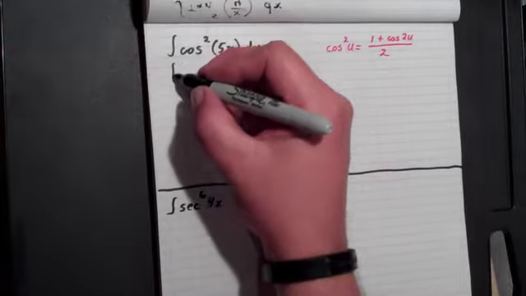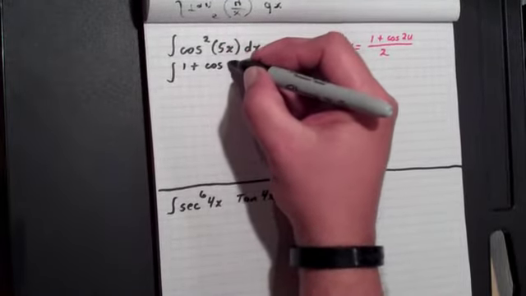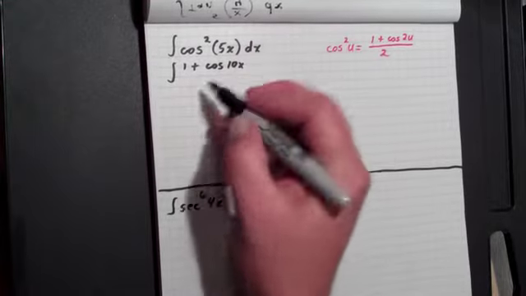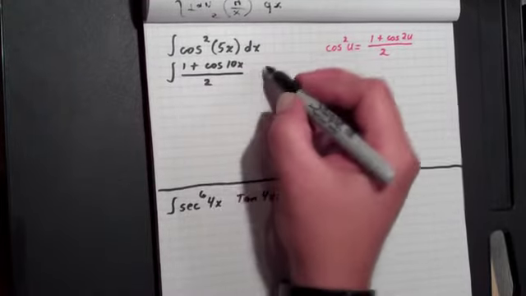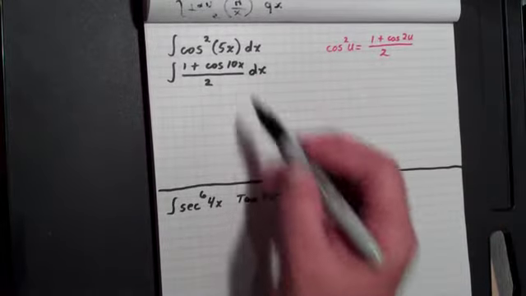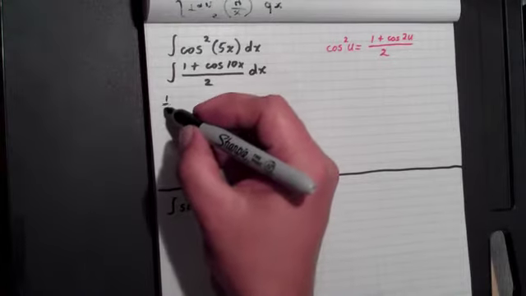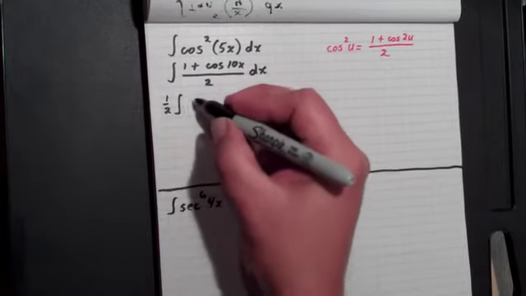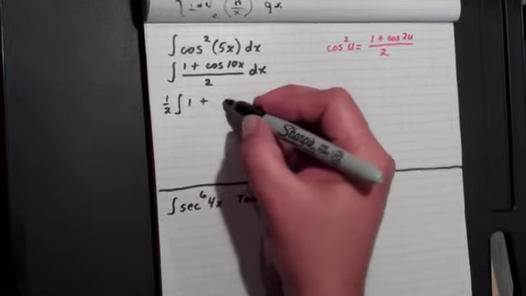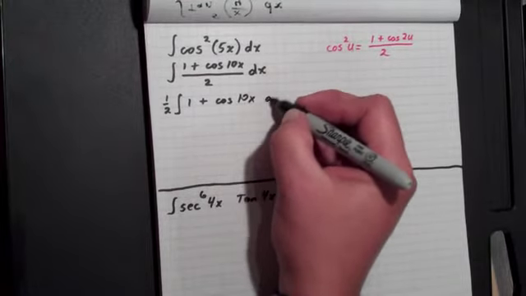So I'm going to apply that and call it (1 plus cosine of 10x) over 2 dx, because if u was 5x, 2u then would be 10x. At this point it's best to factor out the constant of 1/2, and then I would have the integral of 1 plus cosine of 10x dx.